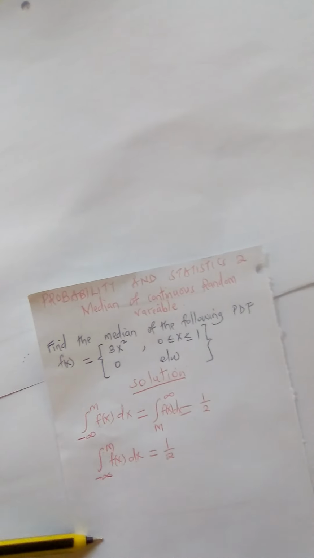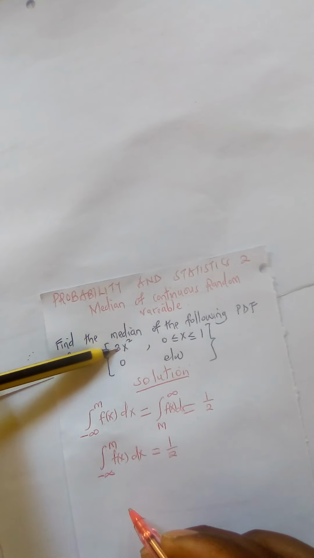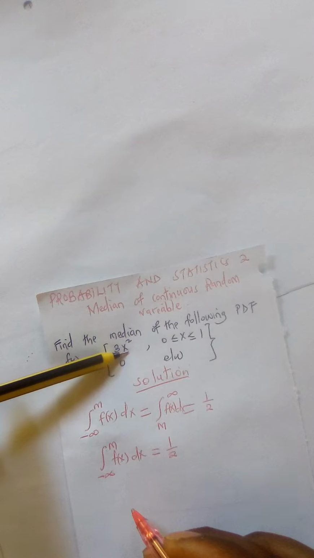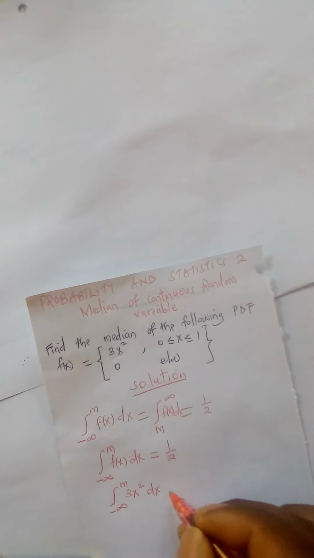So now f(x) is the function here, and it is 3x squared. So where f(x) is, we write 3x squared, then the rest are just the same. So you put an integration sign, then negative infinity to m, then 3x squared dx, because we are integrating in terms of x, equals a half.